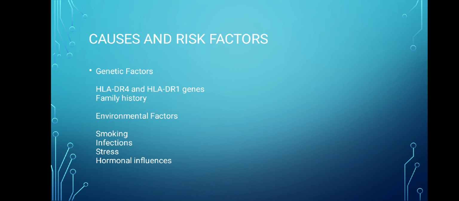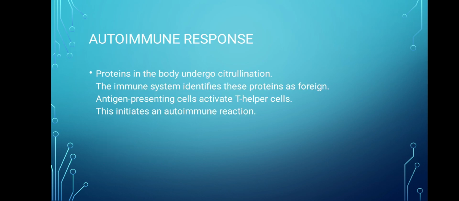individuals. Initiation of autoimmune response. The pathological process begins when antigen presenting cells such as dendritic cells present self-antigen to CD4 positive T helper cells. Normally, the immune system recognizes these proteins as self and does not react against them.